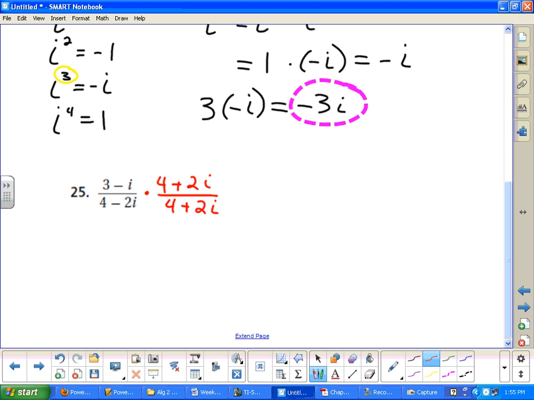All right, so the numerator, we FOIL. Get 12 plus 6i minus 4i, and then minus 2i squared.